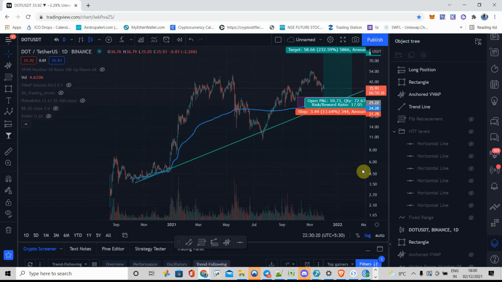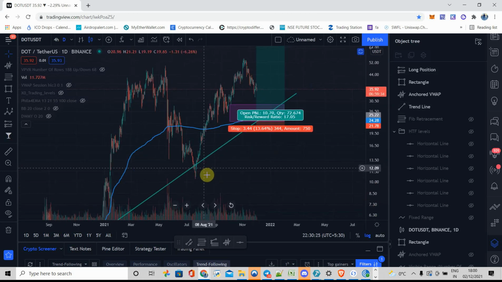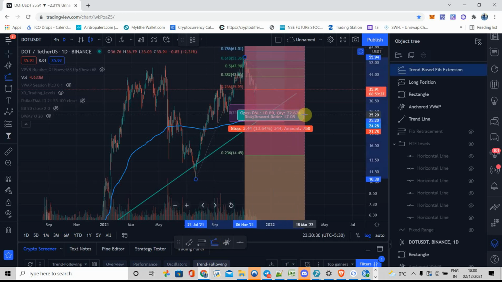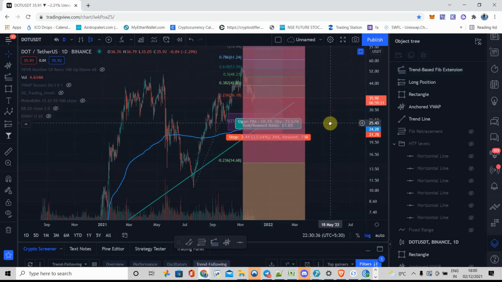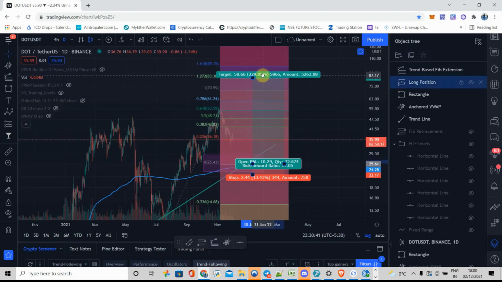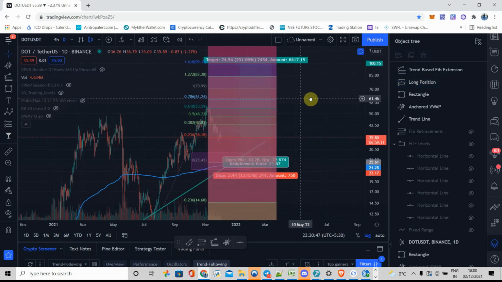For my target, if I draw the trend-based fib from this low to this high to the potential low point, which is around this one, I'm assuming the price will hit this level. Then my target would be around 161.8, around $100.